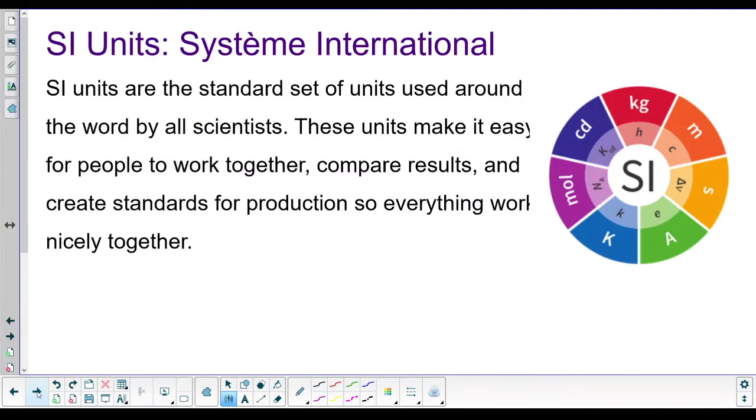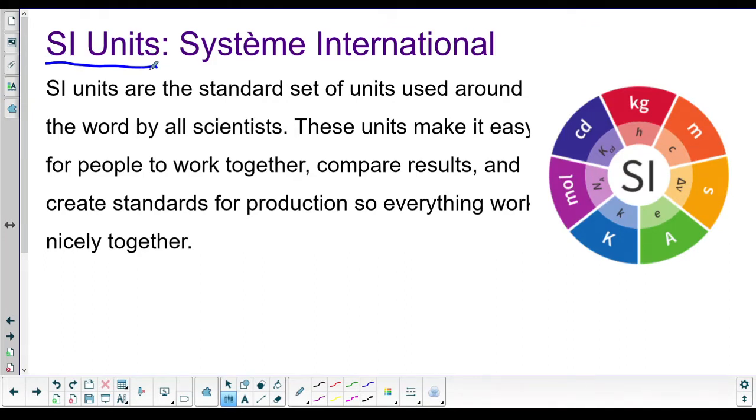So one of the first things you need to know is that there is a standard system of units. We call them SI units. And if you've taken chemistry, you've probably heard this phrase before. SI is not an abbreviation. What's the word for things, just letters that represent words? Acronym, maybe?